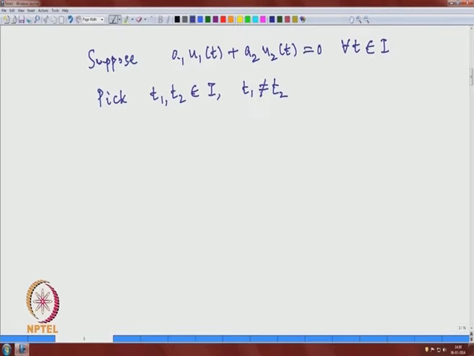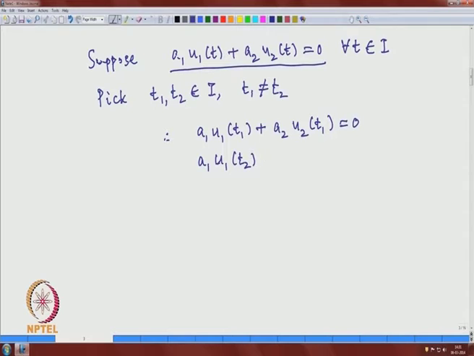So, pick any two distinct points, and now if you substitute t equal to t1 and t equal to t2, because that is valid for all t in I, therefore, I have a1 u1(t1) plus a2 u2(t1) equal to 0 and a1 u1(t2) plus a2 u2(t2) equal to 0.